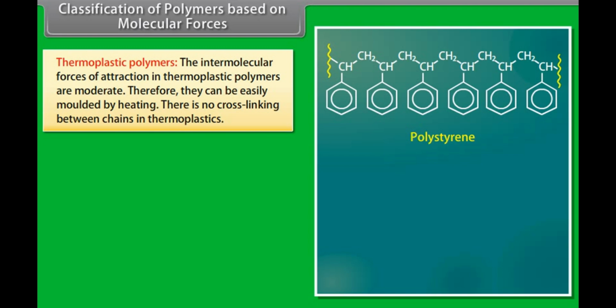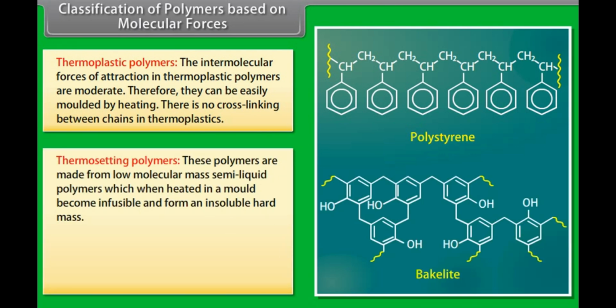Thermoplastic polymers. The intermolecular forces of attraction in thermoplastic polymers are moderate. Therefore, they can be easily molded by heating. There is no cross-linking between chains in thermoplastics. For example, polyethylene and polystyrene. Thermosetting polymers.